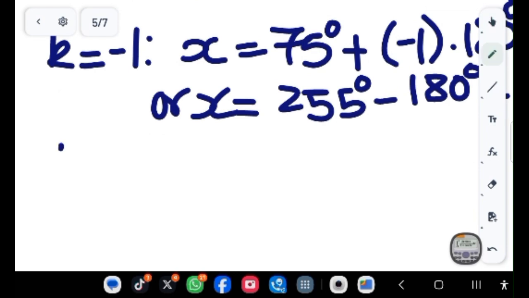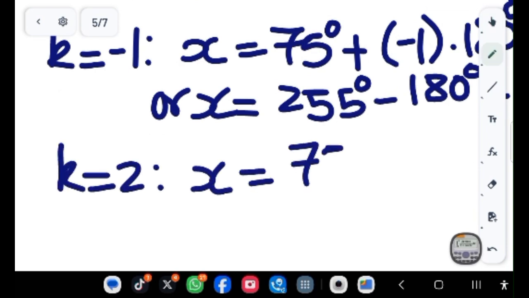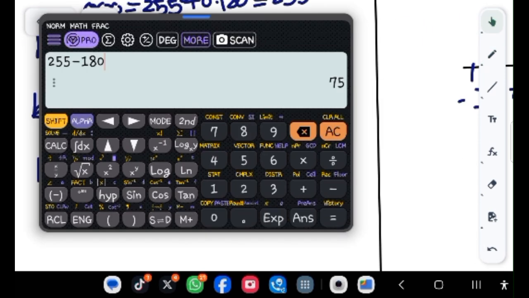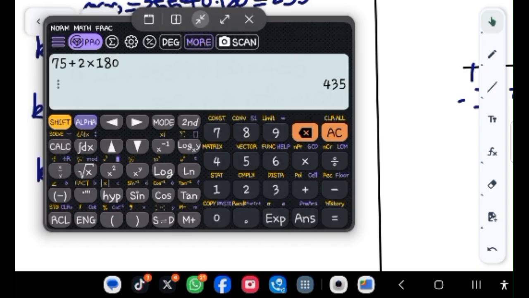Now let's go k equals 2. We're moving out. x will be equal to 75 plus 2 times 180. That gives us 435.